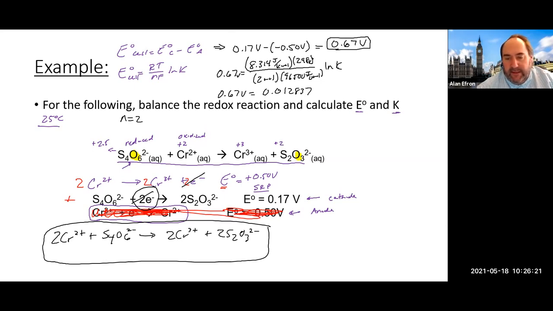By the way, unit-wise, Kelvin is canceling, moles canceling, joules canceling as well, and we do end up with just a voltage type of thing happening here when it gets divided. It doesn't really matter since we're solving for K.